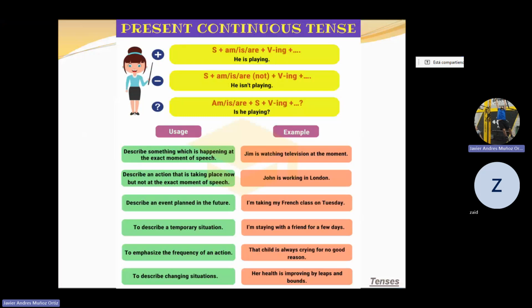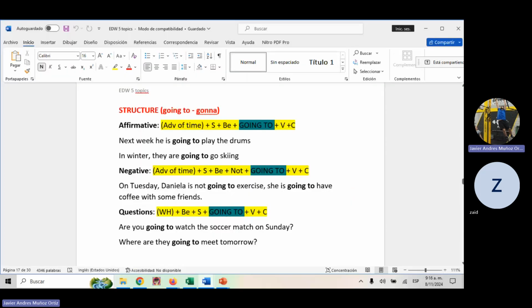So the main verb is going to be in its base form, its basic form without conjugation, its verb form in infinitive if you prefer, because going to is already having the ending in ing. So that's what you have to take into account in terms of structure.